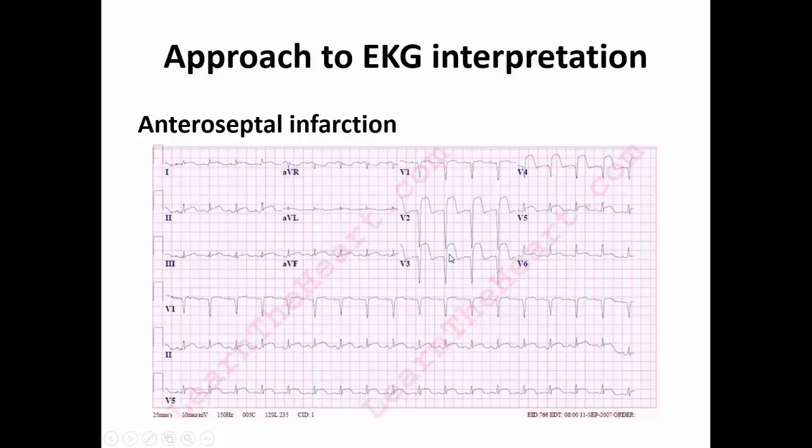There's this massive ST elevation in V2, V3, V4, some in V5 as well. So very large infarct, and there may actually be some Q waves already in V1 through V4, so it may be going on for a bit. So anteroseptal infarct here, both the anterior part of the heart and the septum involved.